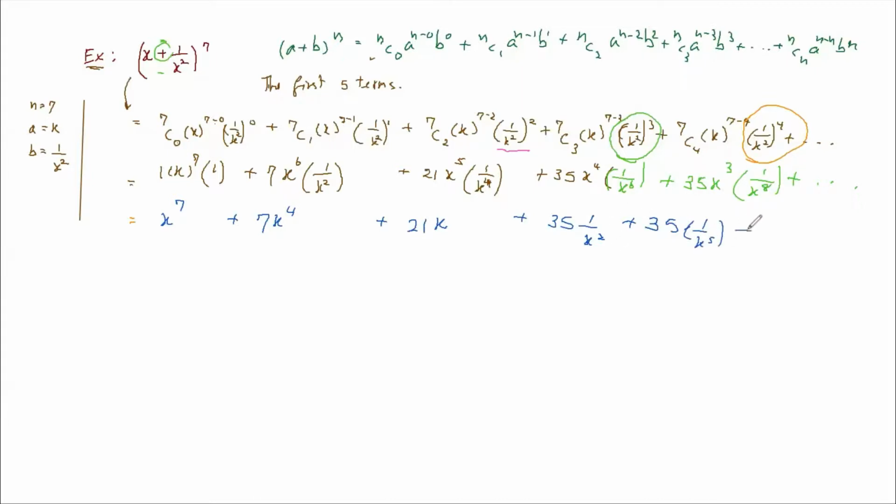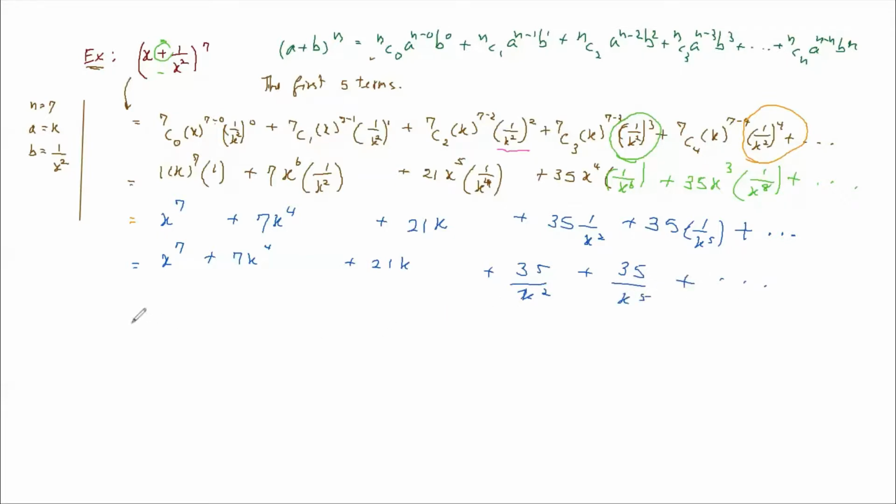This one has to be plus and dot, dot, dot. Okay, because we need only the first 5 terms. And then you can leave it in this pattern, or you rewrite it as x power 7 plus 7 x power 4 plus 21x, or you can write like this, 35 over x squared plus 35 over x power 5 and plus dot dot dot.